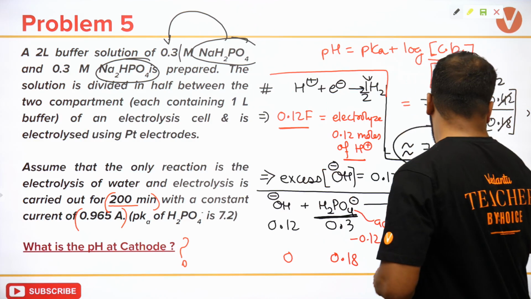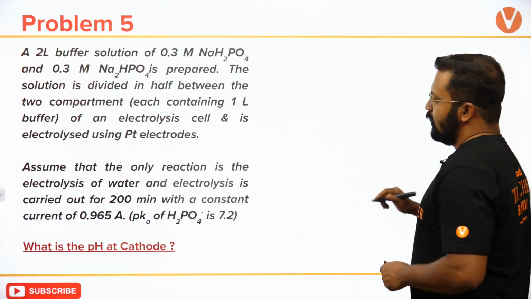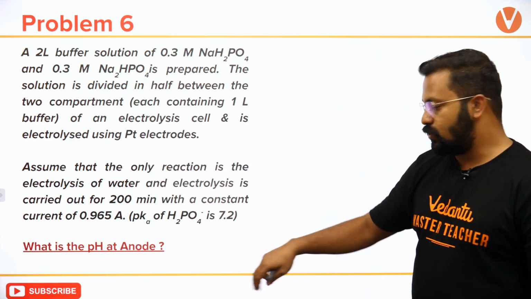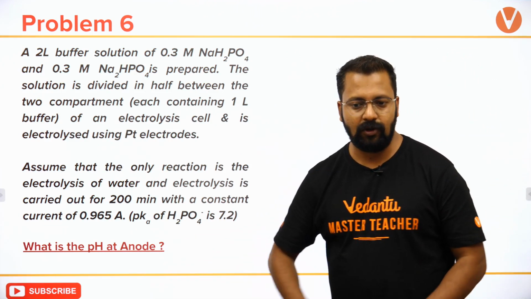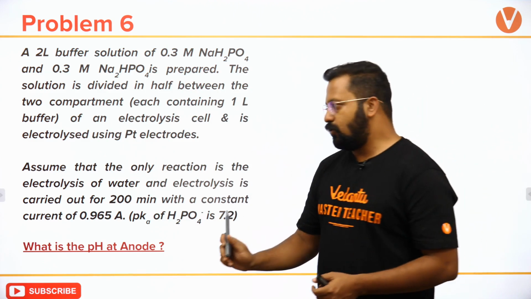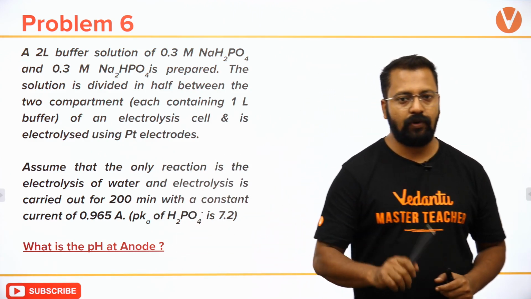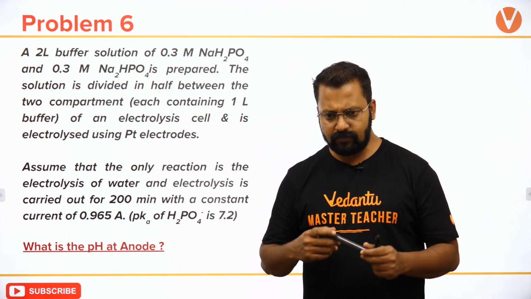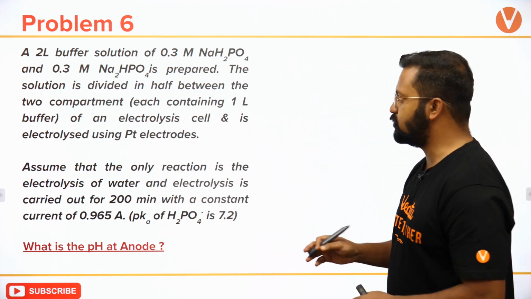Okay, there is a homework question for you guys. This we had calculated for cathode. The homework question is, what is the pH at anode? Okay, for anode, what is the pH? That's a homework question. Please do post the answer in the comment section.